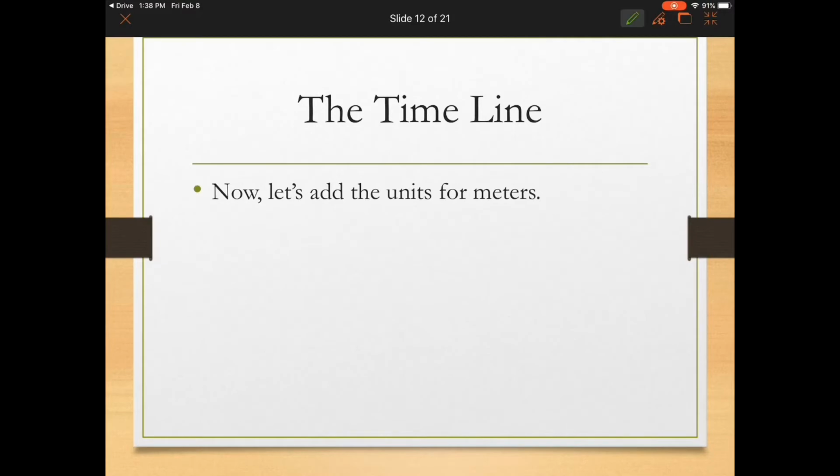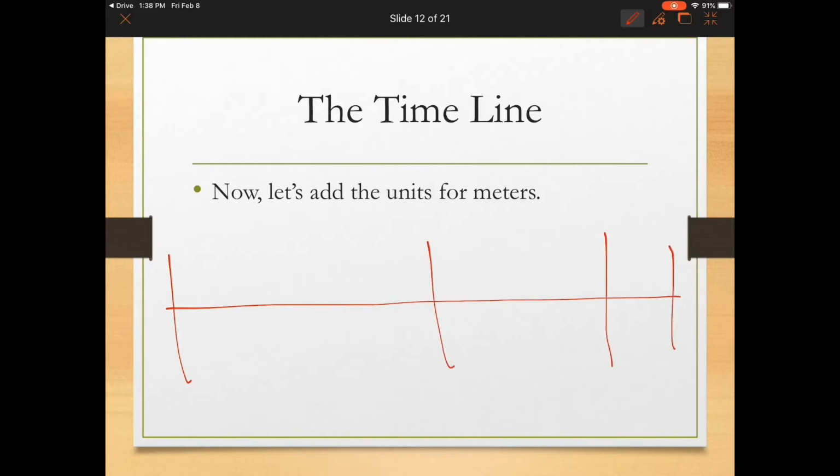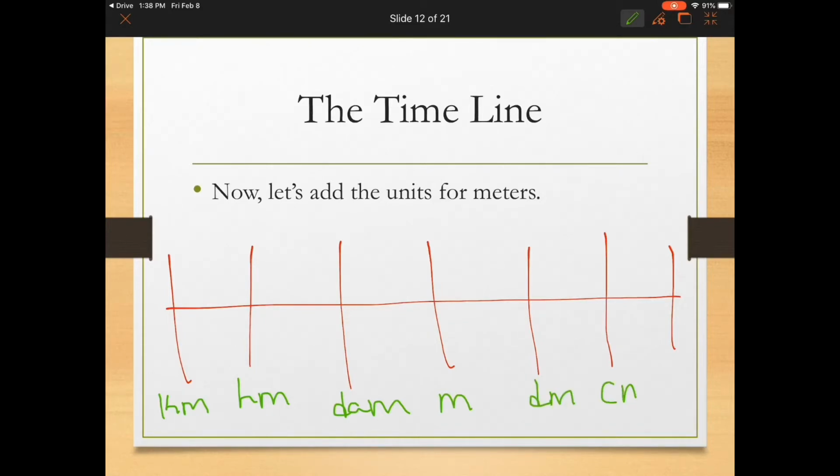Now let's go through and add the units for meters. King, Henry, dies, unexpectedly, drinking chocolate milk.